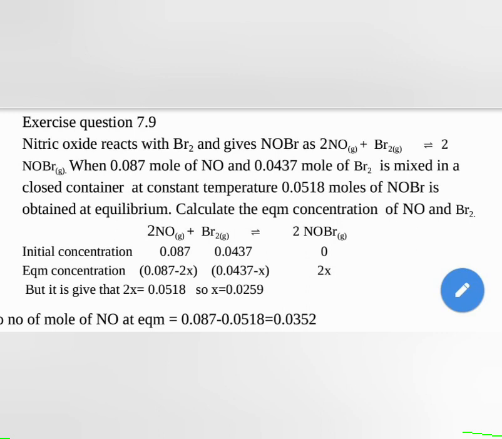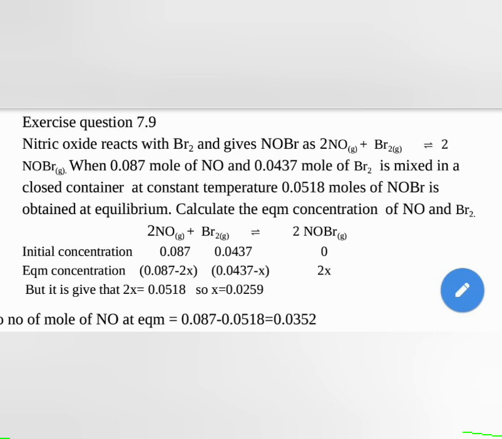If we are writing the initial number of moles, that means before the reaction starts, there will not be any product. So NOBr is taken as 0.